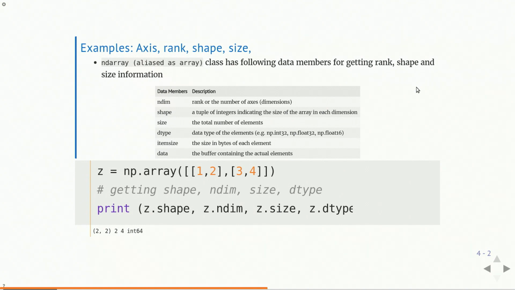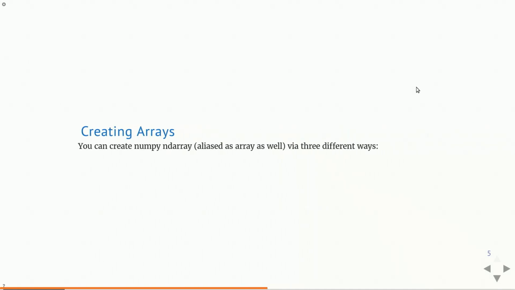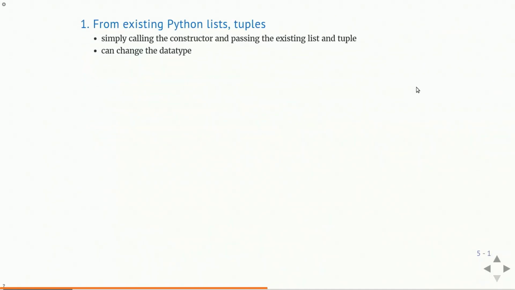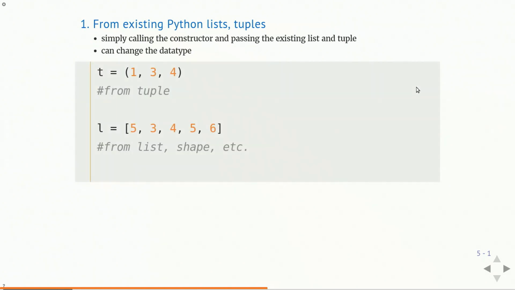Now let's dig a little deeper and see how we can create NumPy arrays. Technically speaking, we can create arrays in 3 different ways. The easiest one is by passing an existing Python list or tuple to the constructor of the np.array class. This constructor will return the created ndarray, where the number of axes will be the same as the number of dimensions of the input data structure.